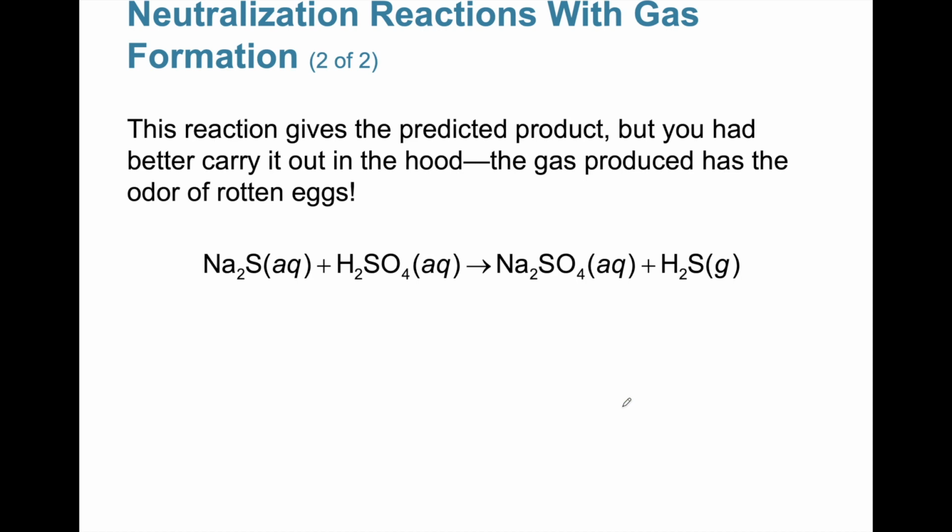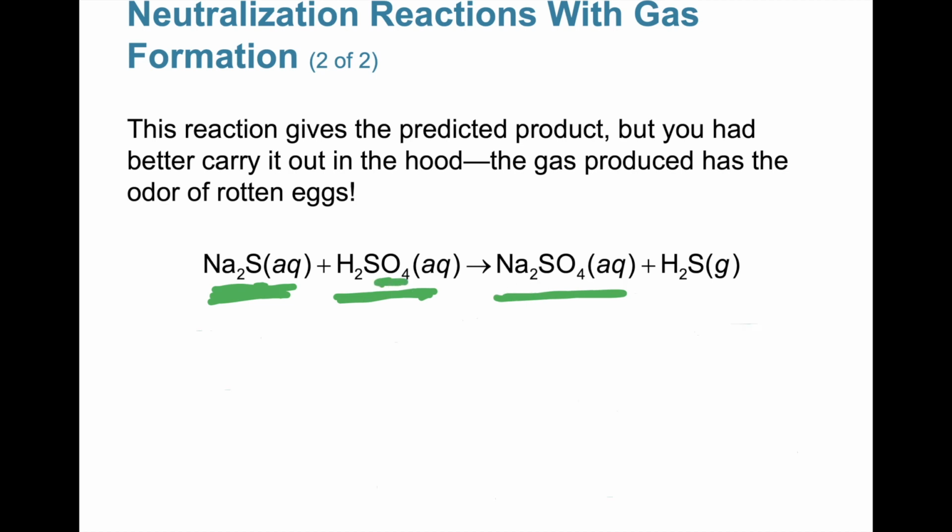And so here's another one where we have sodium sulfide, right? And it will mix with sulfuric acid, and it will make sodium sulfate in the metathesis reaction, because it's a double replacement. So sodium here is giving up its sulfur to get the sulfate ion.